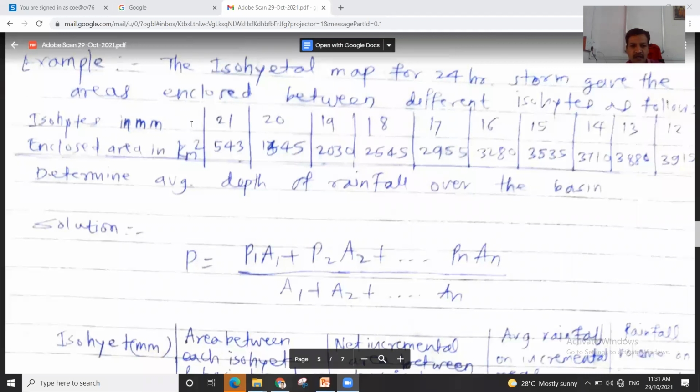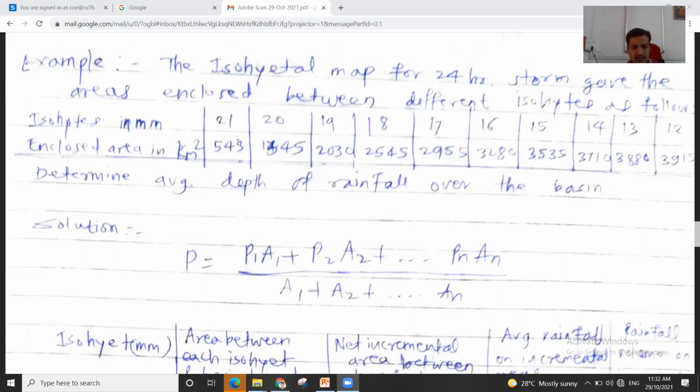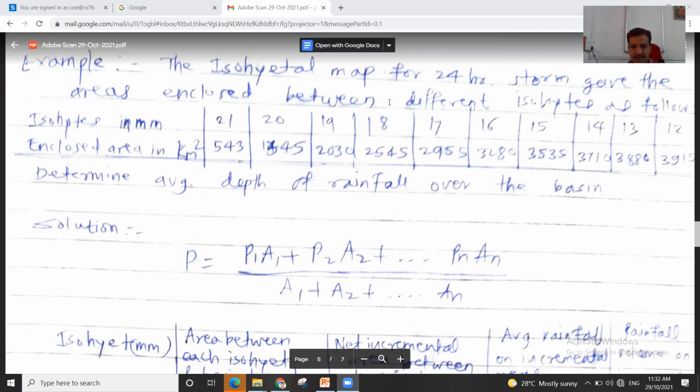The isoids that are taken for the areas enclosed in between the different isoids. The isoidal map is drawn. The values of these isoids and enclosed areas between them are shown in this table. The isoids in mm is given. Isoid, then enclosed area in between that is given in kilometer square.